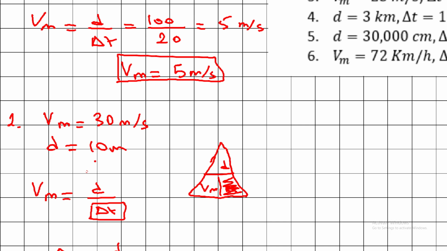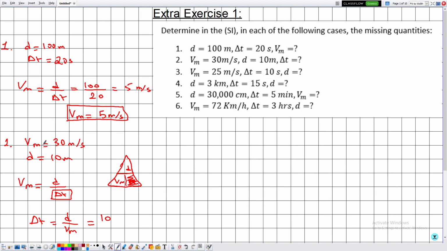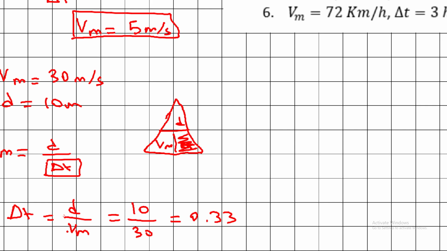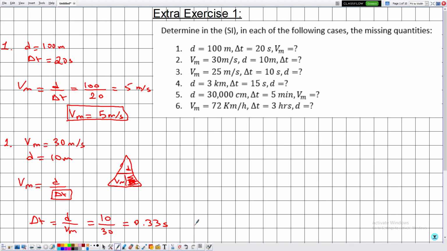The value of d is given by 10 and the value of Vm is given by 30. Plugging this fraction on the calculator, then the value of delta t is given by 0.33. Since both d and Vm are expressed in the SI, so the value of delta t will be in the SI, which is seconds. Then in this case, delta t is equal to 0.33 seconds.